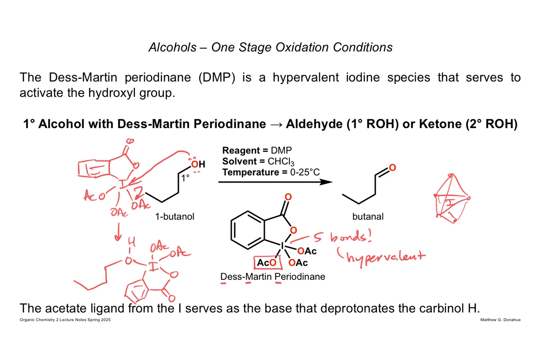So the Ac, that's what that means, acetate. So that's a base. We have this acidic hydrogen, so it can pluck that off. And then you end up with the neutral species.